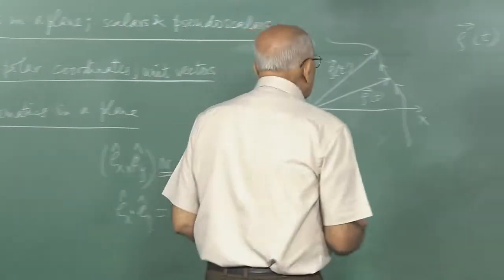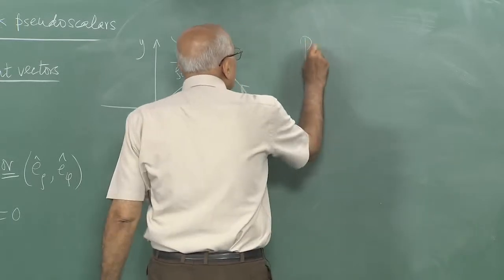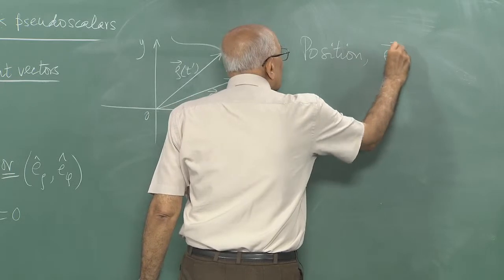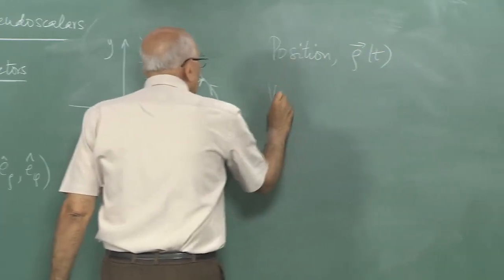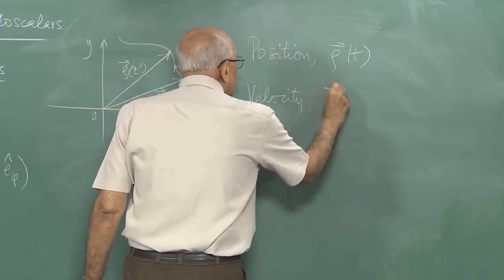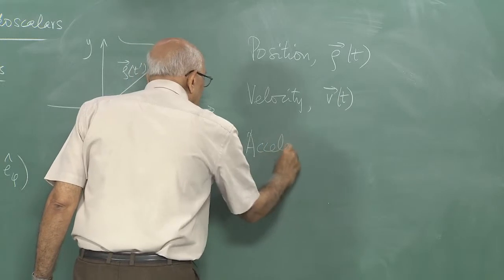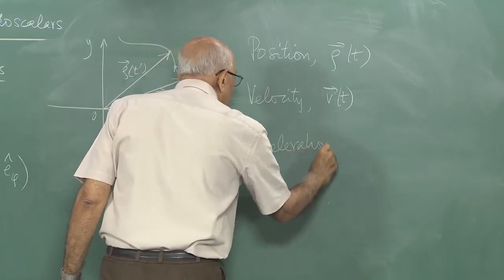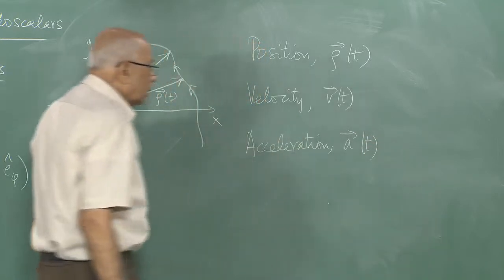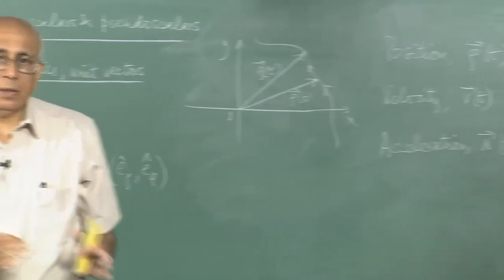So the position of this particle is rho of t, its velocity is v of t, and we would also be interested in its acceleration a of t, because dynamics is going to come in when we specify the acceleration of the particle.